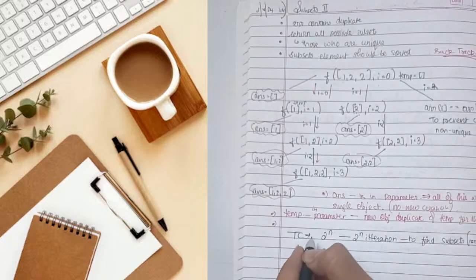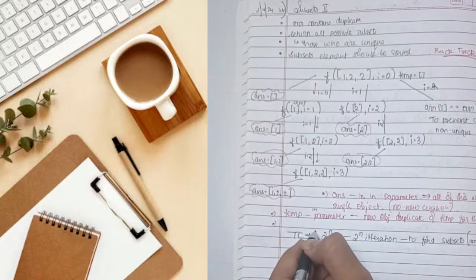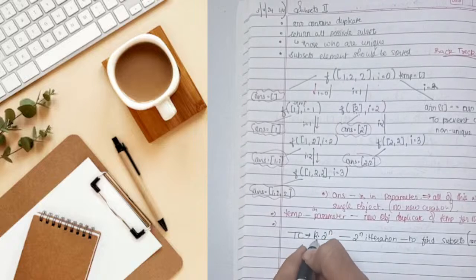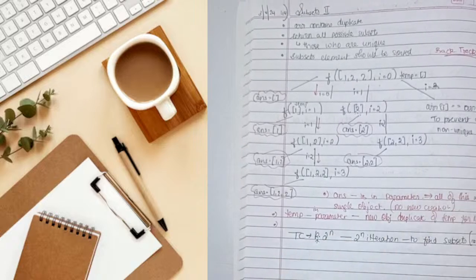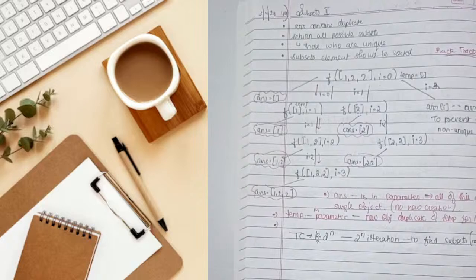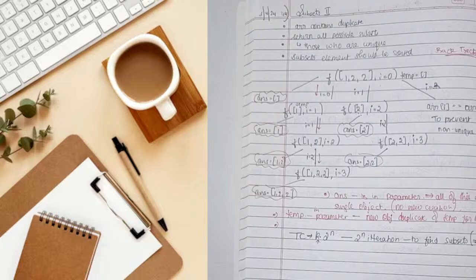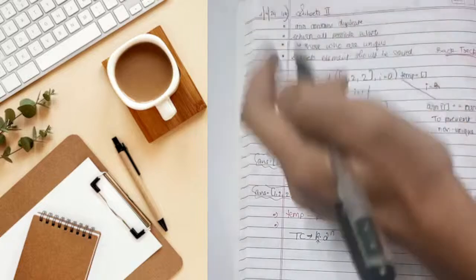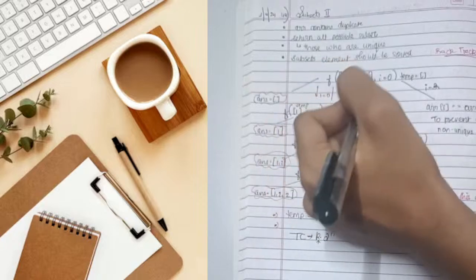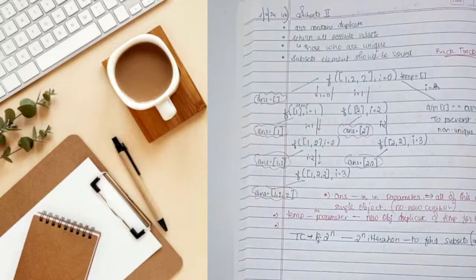But for everything we are taking k time for insertion. It's around minimal, so if we don't consider the k, it's also okay. But what the k specifies is that in every iteration we are adding and removing, so that operation will take some time. So that was it.